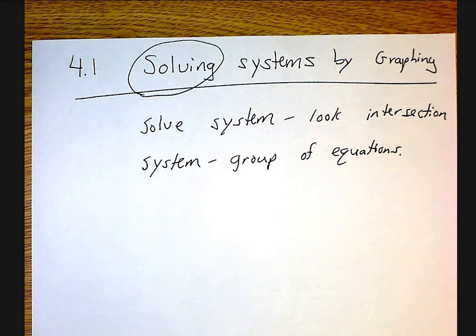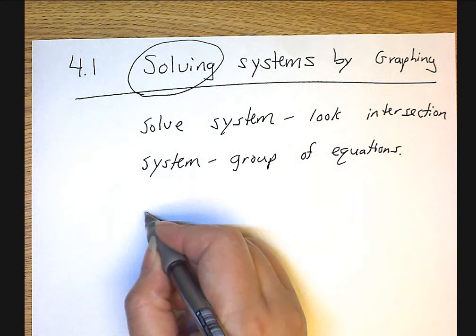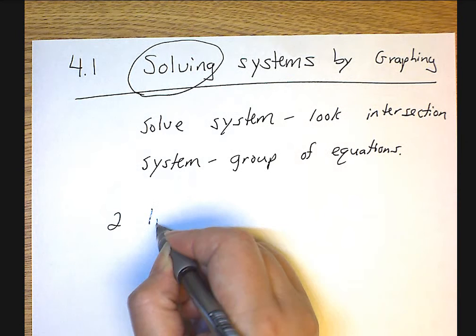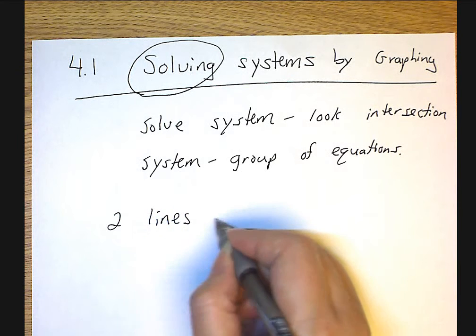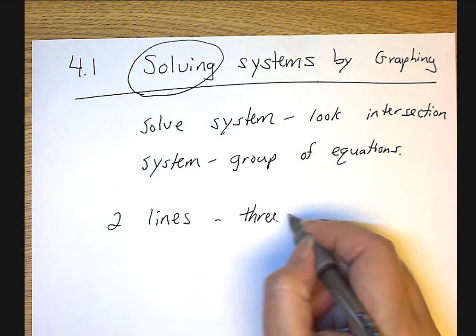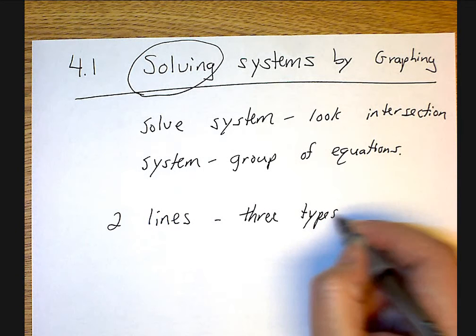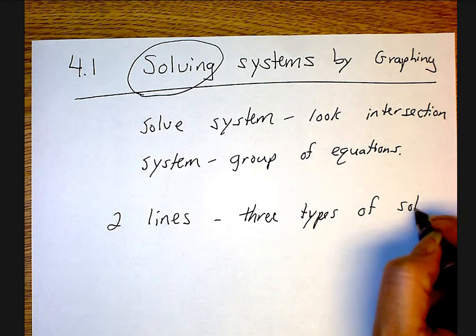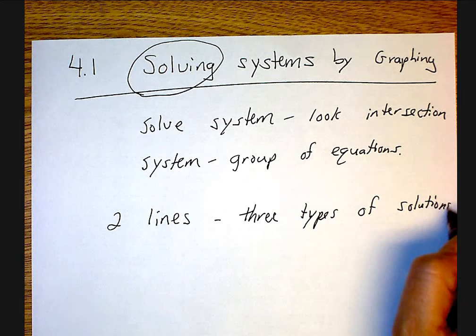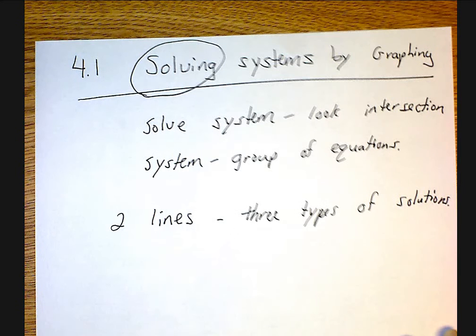All right. So when we are talking about two lines, we have three types of solutions. All right, Tony, tell me one type of solution.